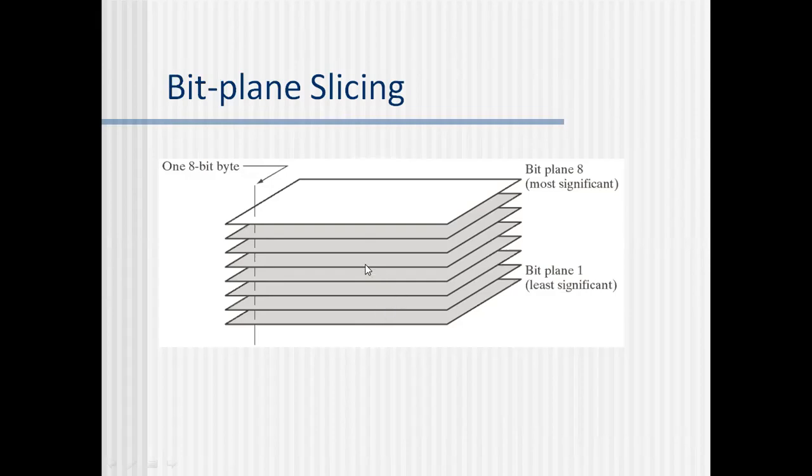In the same way, in bit plane slicing, we can classify which is the most significant bit and which is the least significant bit, and for the other planes, only edges we can view.